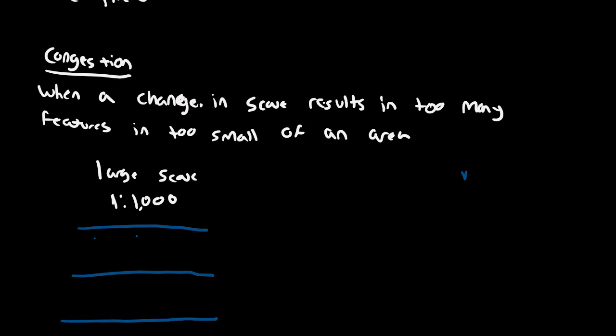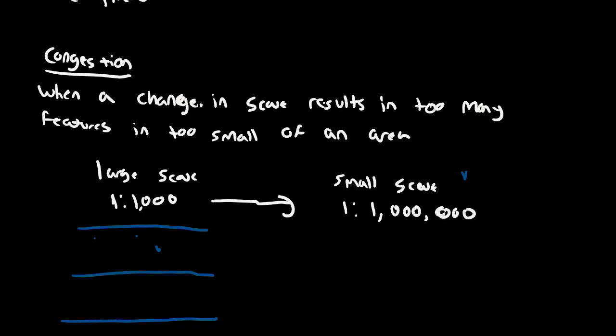You can see in the 1 to 1,000 scale map we have a lot of space between the lines, right? But if we transition from a large scale map to a small scale map, maybe say 1 to 1,000,000, and if we think back to scale, this is effectively zooming out.